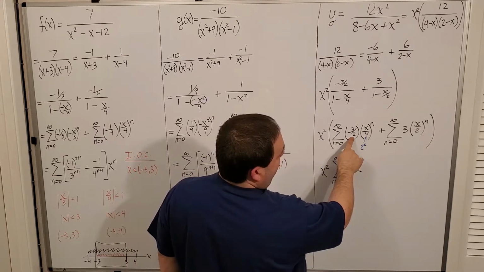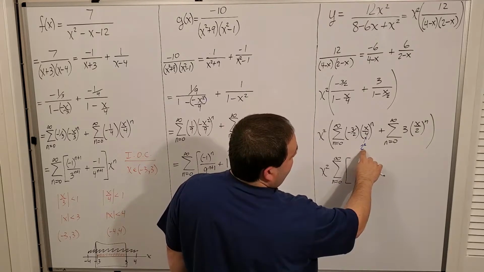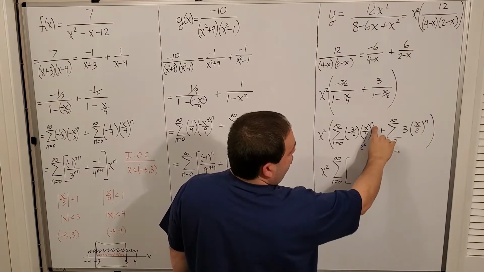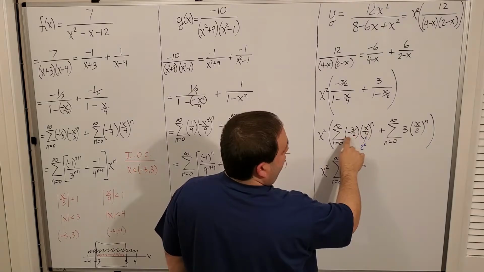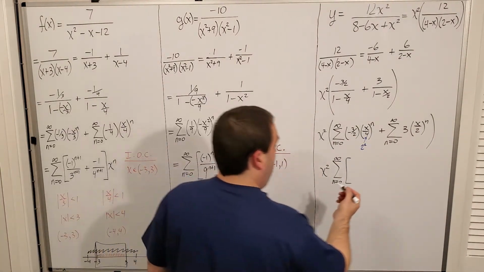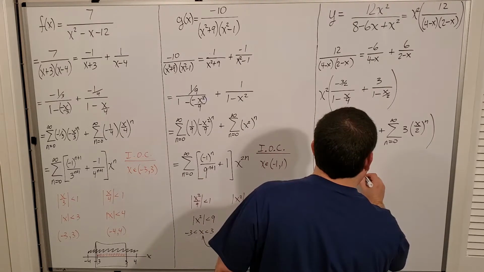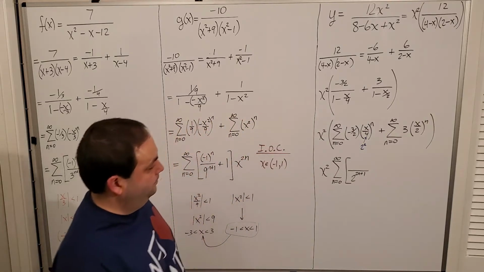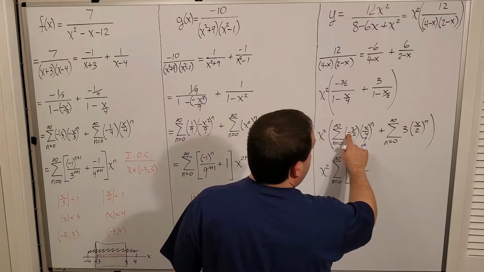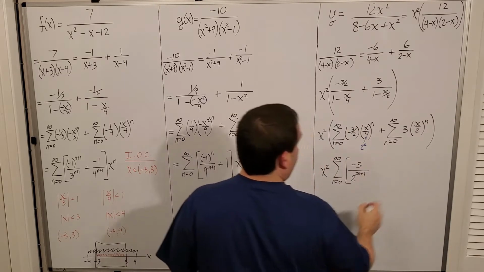Because this is a 2 right here, and notice this is also going to agree. It's going to be a 2 right there. So what I have is 2 squared to the n. So that's 2 to the 2n. And then I've got an extra one over here, which will give me a plus 1 on that. So I've got 2 to the 2n plus 1 there, like so. I also have a negative and a 3, and that's it for that one. It's not to the n.